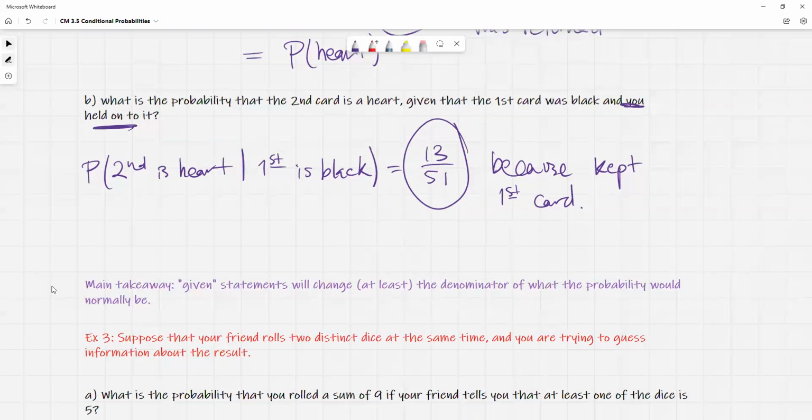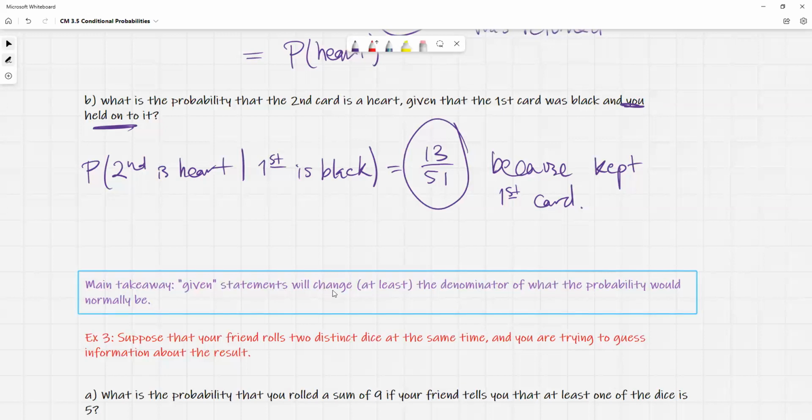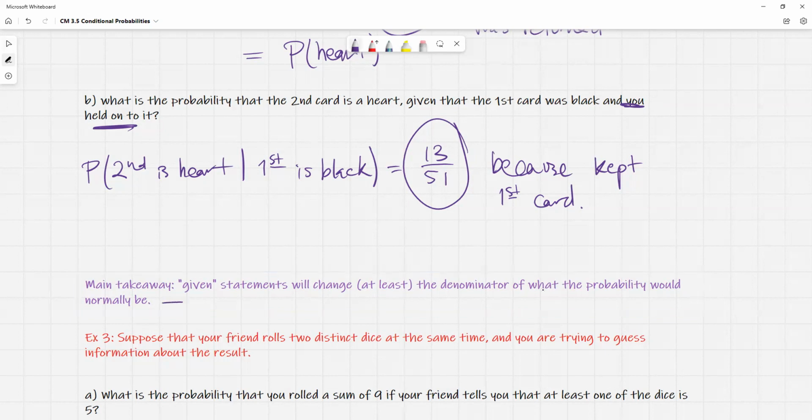The main takeaway is that given statements will change at least the denominator of what the probability would normally be, and this is for dependent events. If it's independent, we're going to see no change.